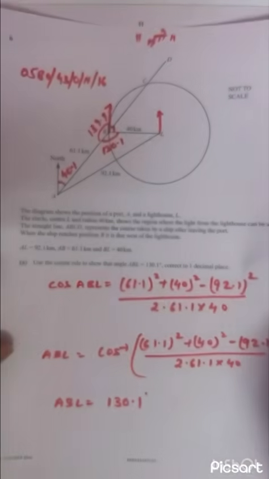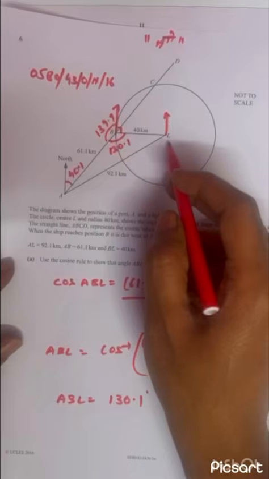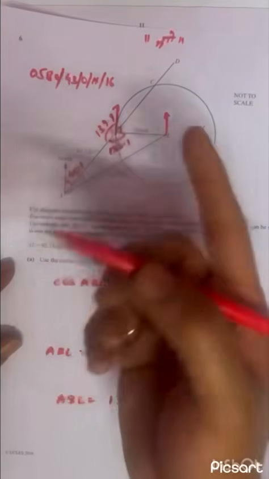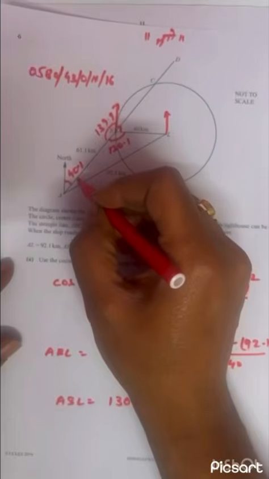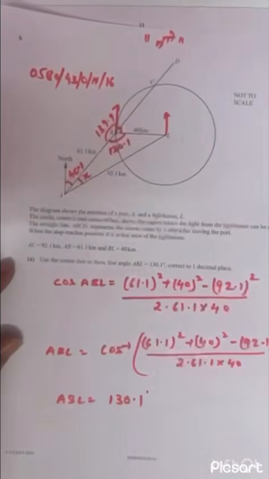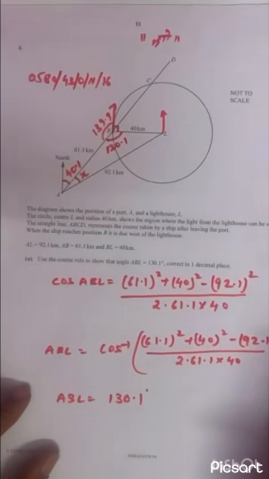In the second part it is mentioned: calculate the bearing of lighthouse L from port A. So let's see what the angle will be. This is port A and this is L. So L from A will be this entire angle. It will be 40.1 and this X. If I calculate X and add up both, I will get my second answer.